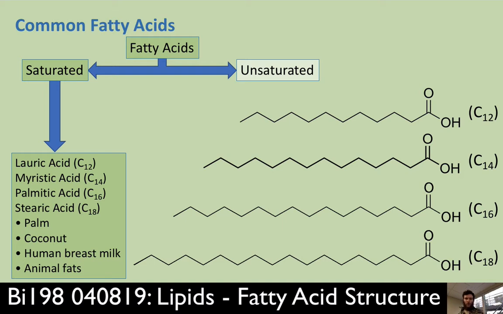Human breast milk, coconut has a lot of saturated fat. Palm has a lot of saturated fat in it. These fatty acids tend to have higher cook temperatures. We'll get into why that is in a bit.